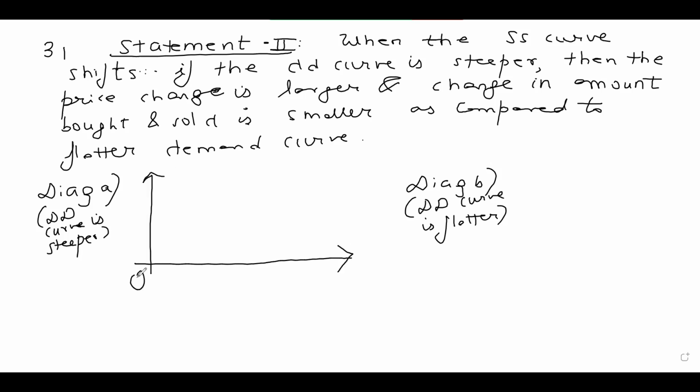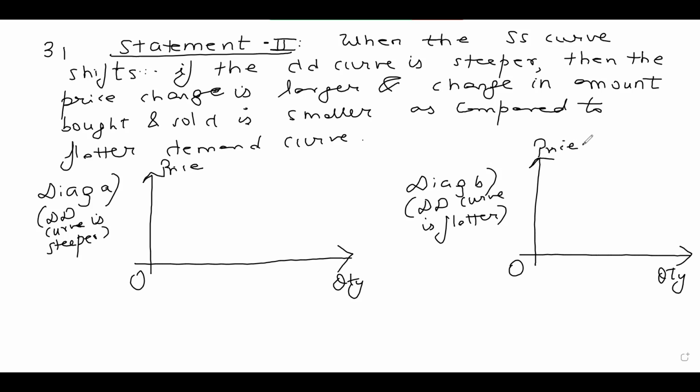On the horizontal axis, we have quantity. On the vertical axis, we have price in both the cases. So let's draw a steeper demand curve, D0, and here a flatter demand curve.